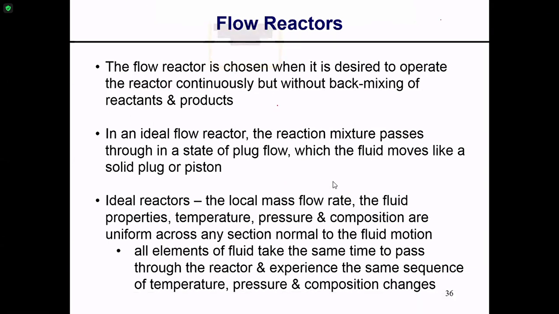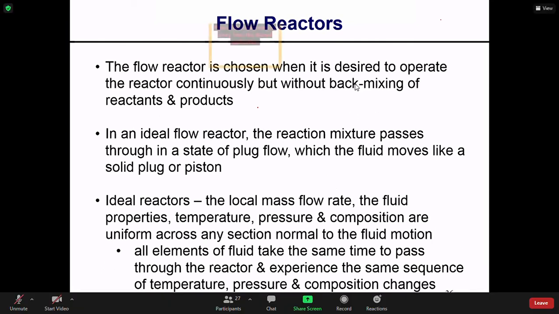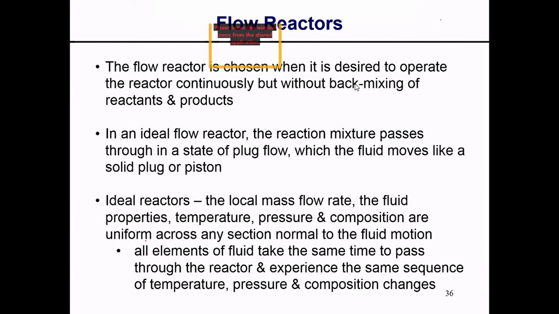Okay, the flow reactor. The flow reactor is chosen when it is desired to operate the reactor continuously but without back mixing of reactants and products. In an ideal flow reactor, the reaction mixture passes through in a state of plug flow, in which the fluid moves like a solid plug or piston.